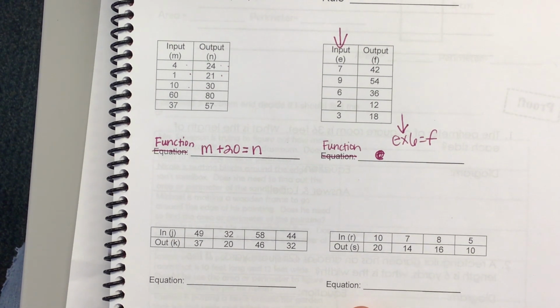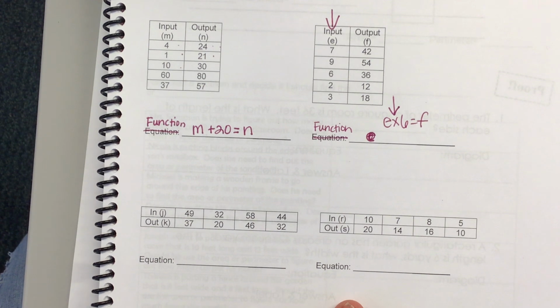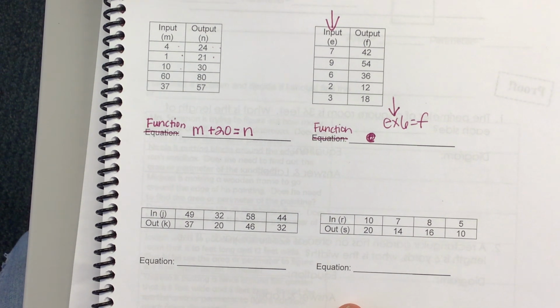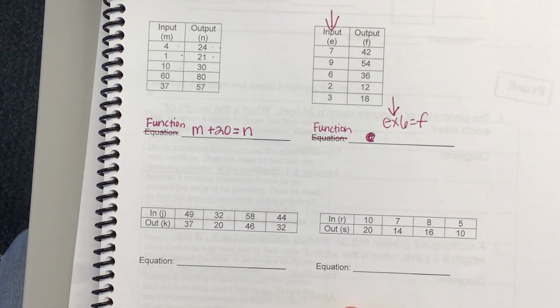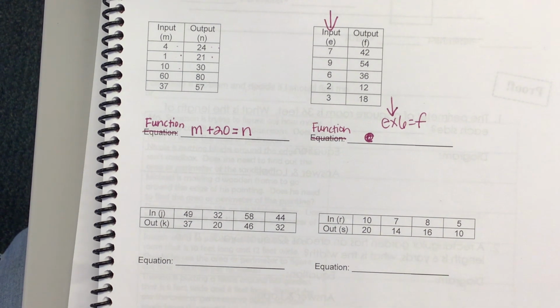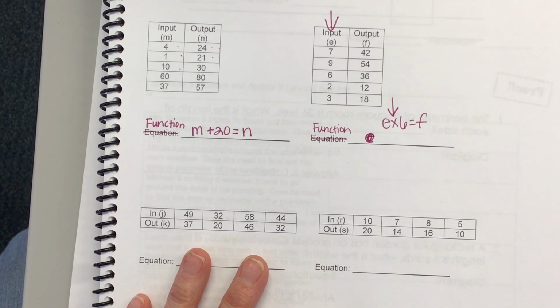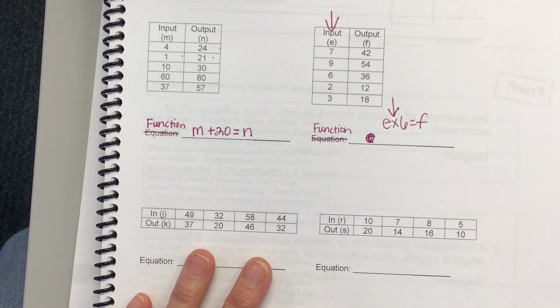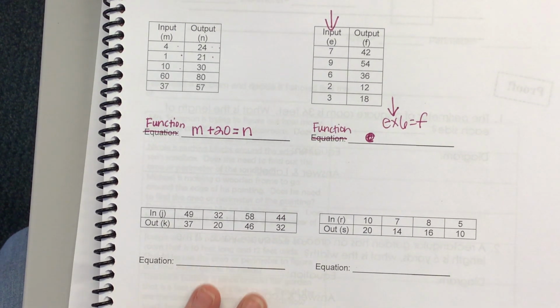Oh, I know. How do I write it? I actually know this time. How do I write it? Not plus. Landon? Is it E equals? Nope. Stella.